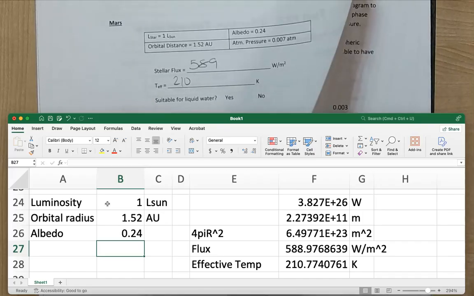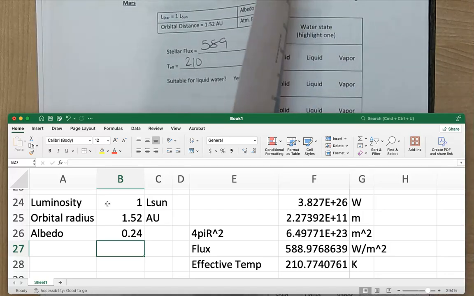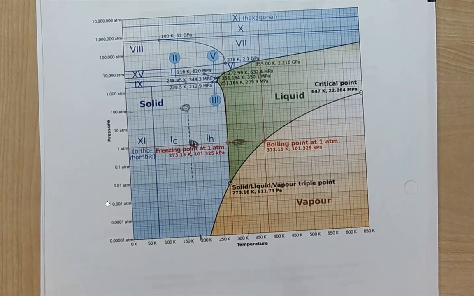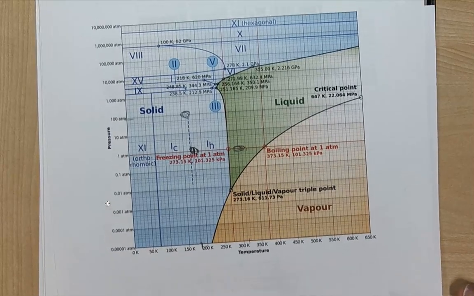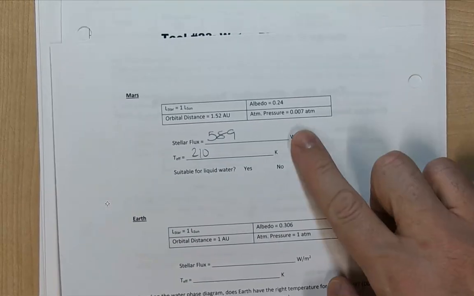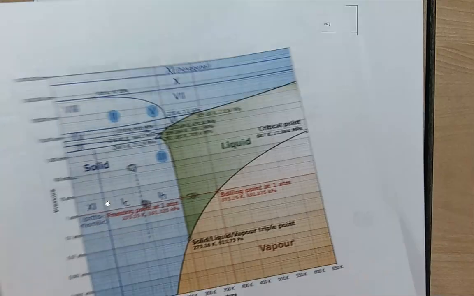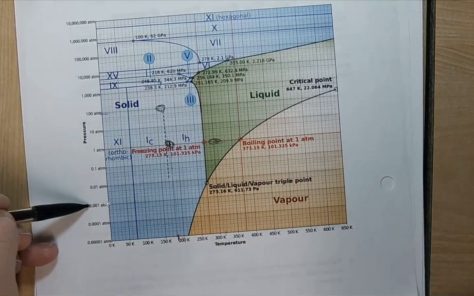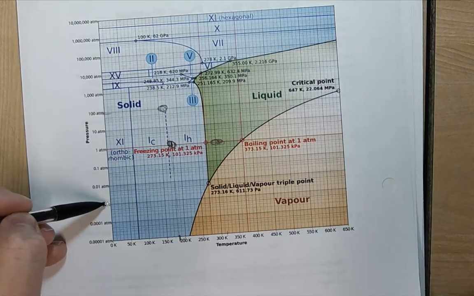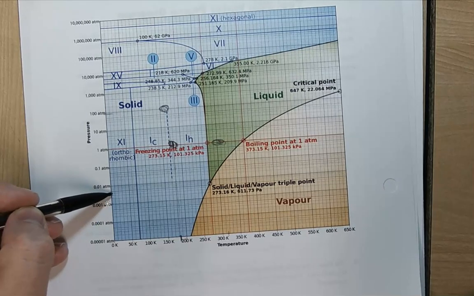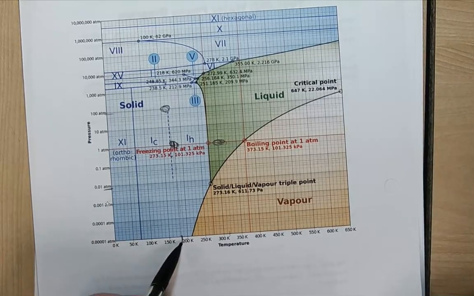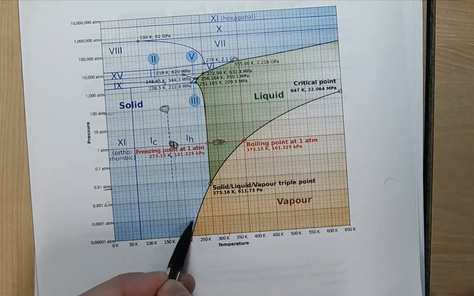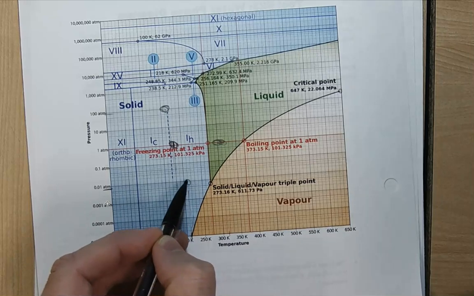What's water like at 210 Kelvin? 210 Kelvin is here. What was the atmospheric pressure again? 0.007. So if this is 0.001, 2, 3, 4, 5, 6, 7, an atmospheric pressure right about there, 210 Kelvin, go up to right about there.